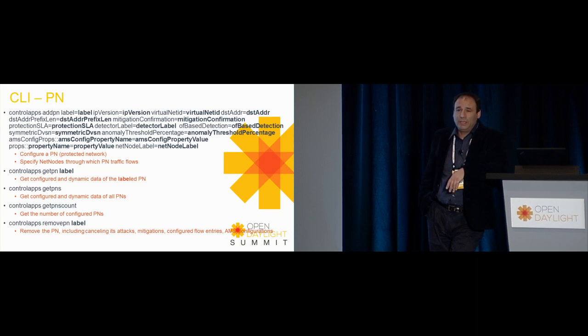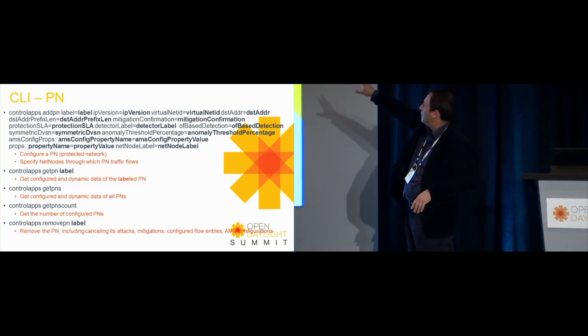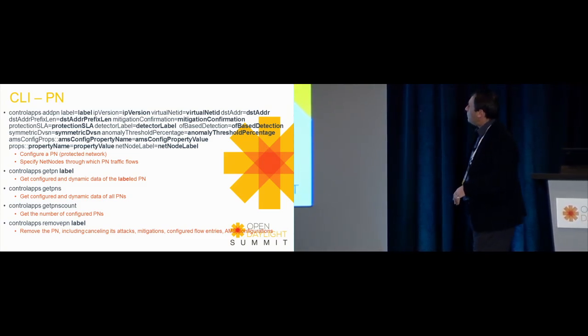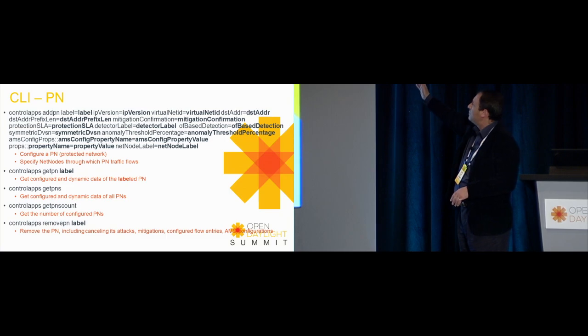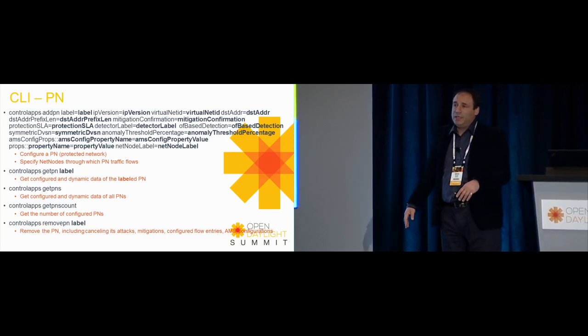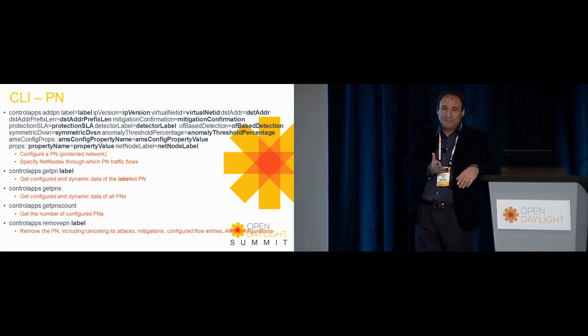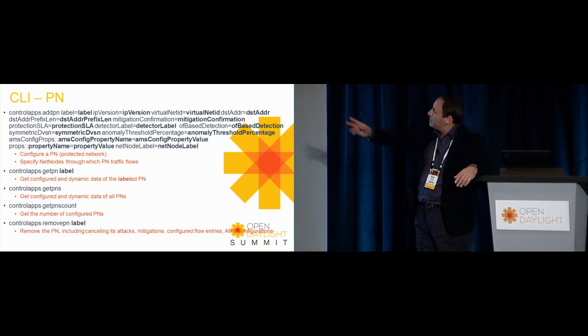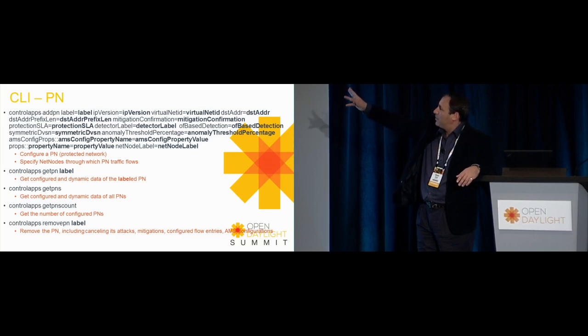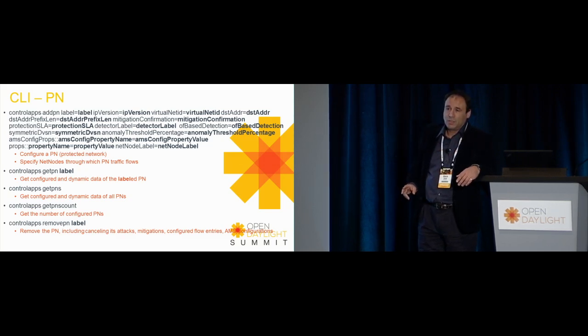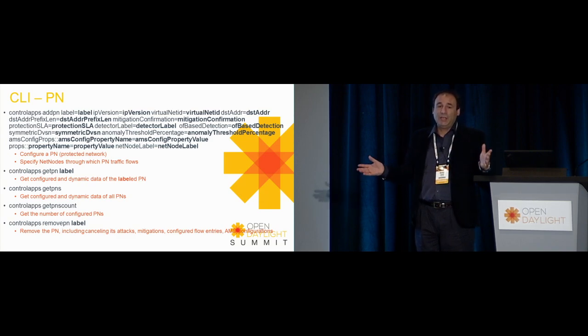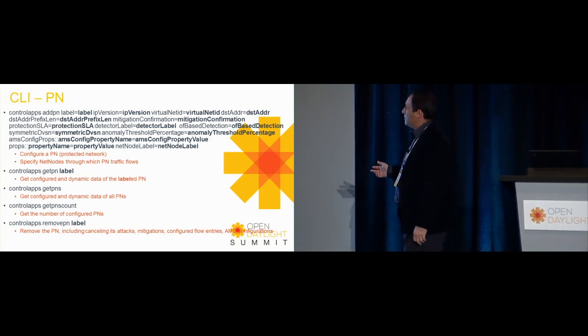With VTN, we can have several VTNs, so we need to qualify the protected IP with the VTN, and that would be put as the virtual network ID. Then we have destination address, which could be any /32 or anything less, and that less is specified by destination address prefix length. So we could be protecting any range of addresses.